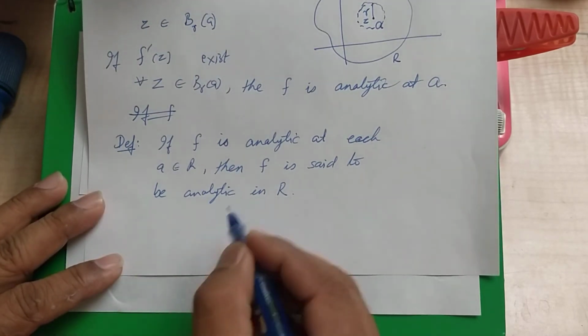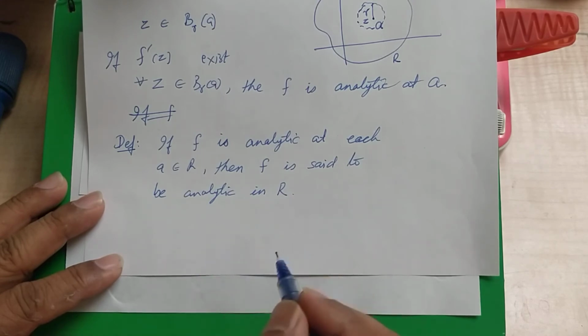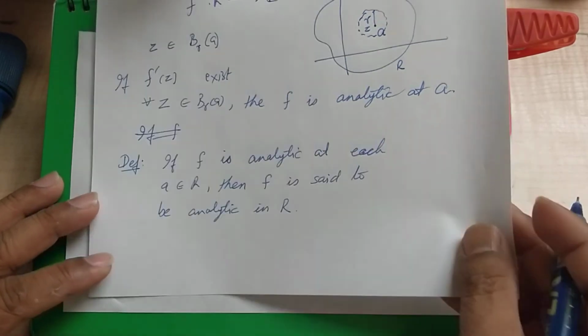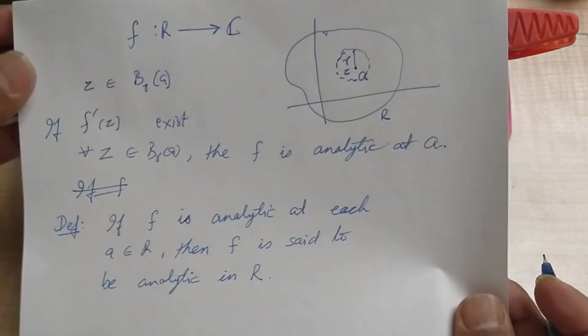A consequence of analyticity at A is the Cauchy-Riemann equations. So I wish to discuss the Cauchy-Riemann equations now.